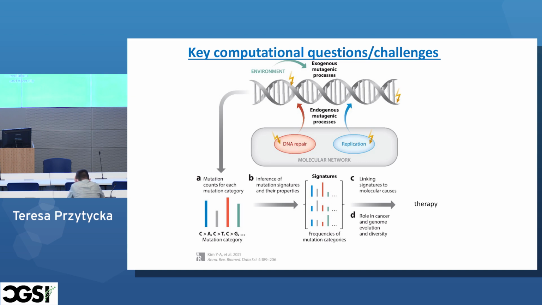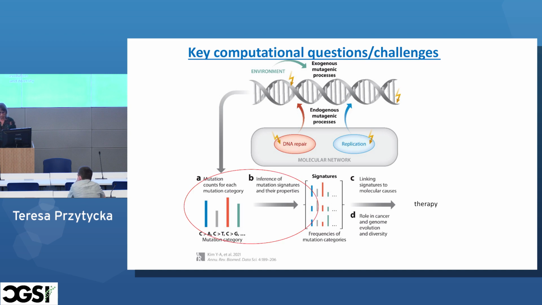Once we infer them, there are statistical questions about the stability of those signatures, etc. But once we have those signatures, we would like to know their relation with the external world, or link them to molecular causes, to their role in cancer, maybe also in gene evolution and diversity.